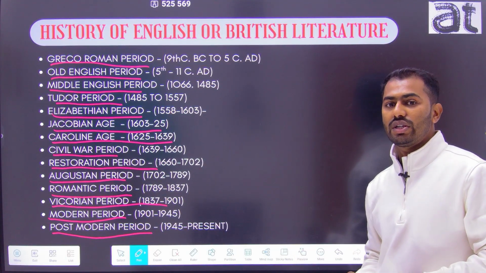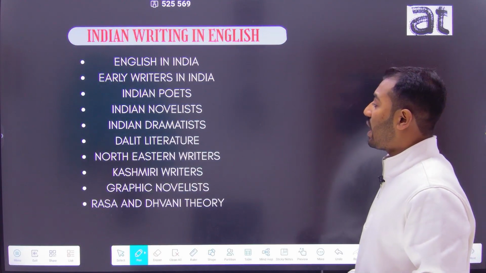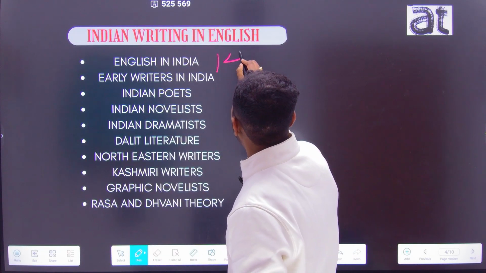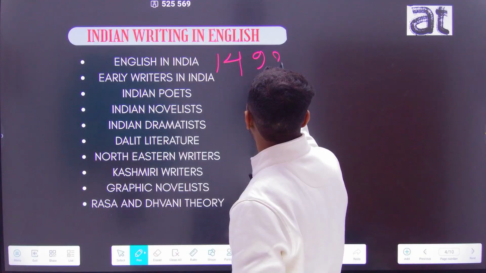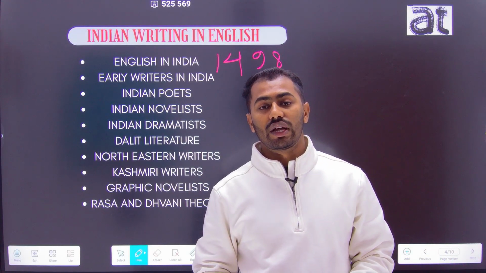After British literature comes Indian writing in English. In Indian writing in English, we will read English in India, which begins in 1498 with the discovery of the sea route by Vasco da Gama.